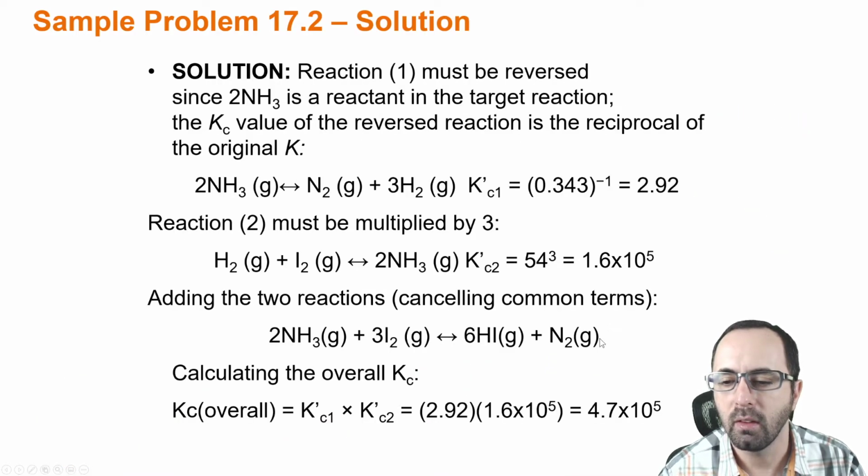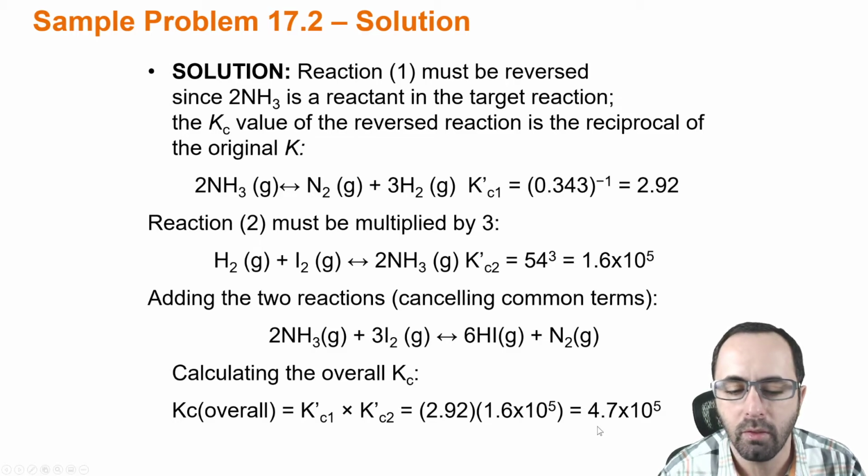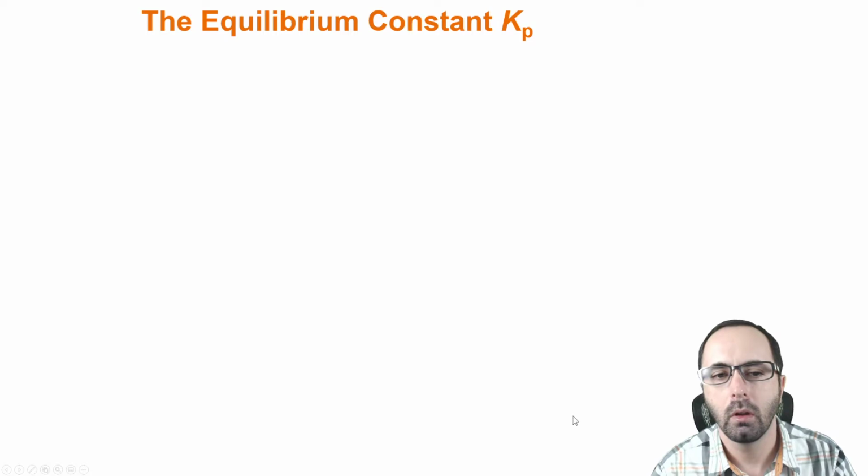Okay, you can see here on the slides I broke it down. I actually did each step in between and rounded, so I got slightly different, 4.7 times 10 to the 5th, but same thing. So that is how you manipulate K's and Q's.